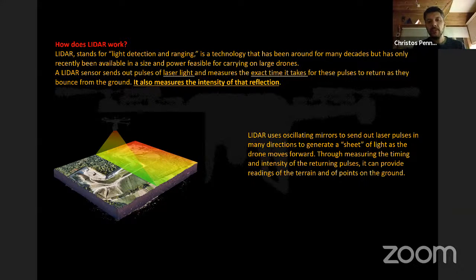LiDAR sensors use oscillating mirrors to send out laser pulses in many directions to generate this sheet of light visible in this picture as the drone moves forward. Through measuring the time and the intensity of the returning pulse, it can provide readings of the terrain and of the points on the ground. So it can give us data about the terrain, vegetation, etc.